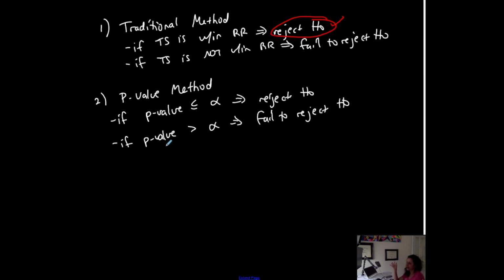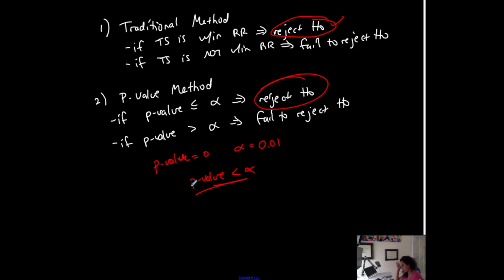You're comparing the p-value area to the alpha area. So in this case, my p-value was approximately 0, and my alpha was 0.01. So you can clearly see that 0, which is the p-value, is less than alpha, which was 0.01. And because the p-value is less than alpha, we come to the conclusion to reject the null.